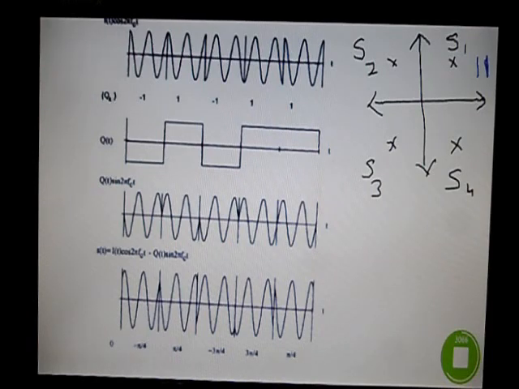When you encounter 1 1 in a data sequence, you need to transmit S1. When you encounter 1 0, you need to transmit S2, and for 0 0 we transmit S3, and for 0 1 we transmit S4. It was like this, I hope.